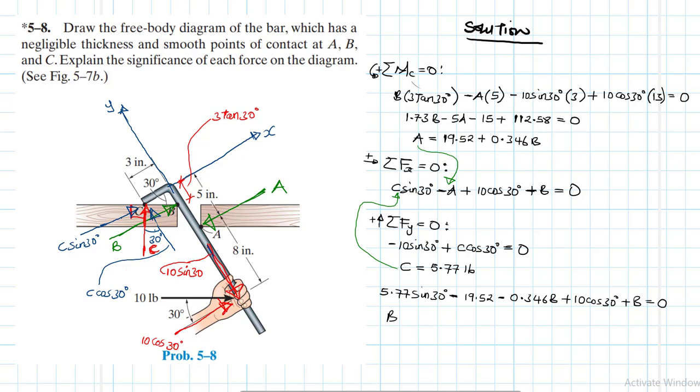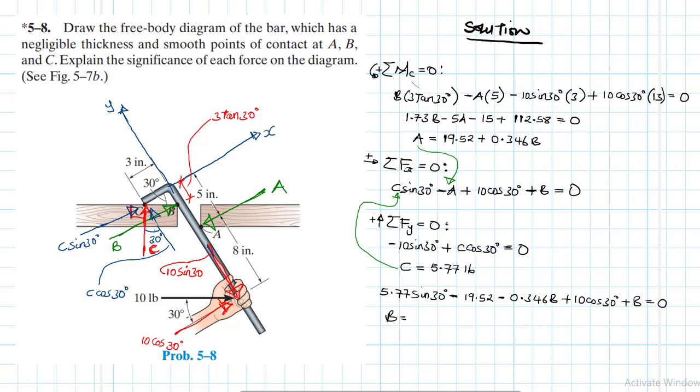Our B here is going to be equal to, so let me do the multiplication. 5.77 sine 30 minus 9.52 plus 10 cos 30. We have that number there, and then we subtract.